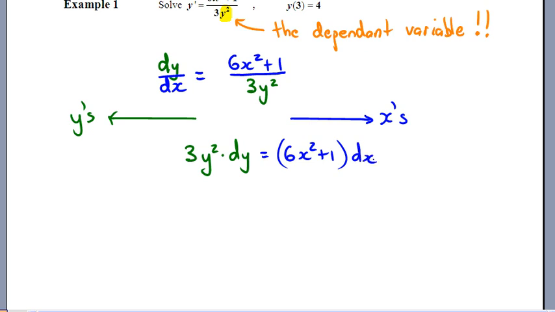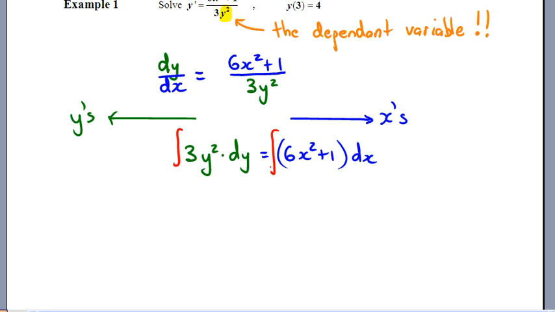Once you've got it separated, and again, nobody really cares where this 3 would go, but it sure is handy to put it on that side. Once you've got it separated, then you accomplish this task by integrating both sides. So I'm going to integrate the left-hand side with respect to y, and I'm going to integrate the right-hand side with respect to x.